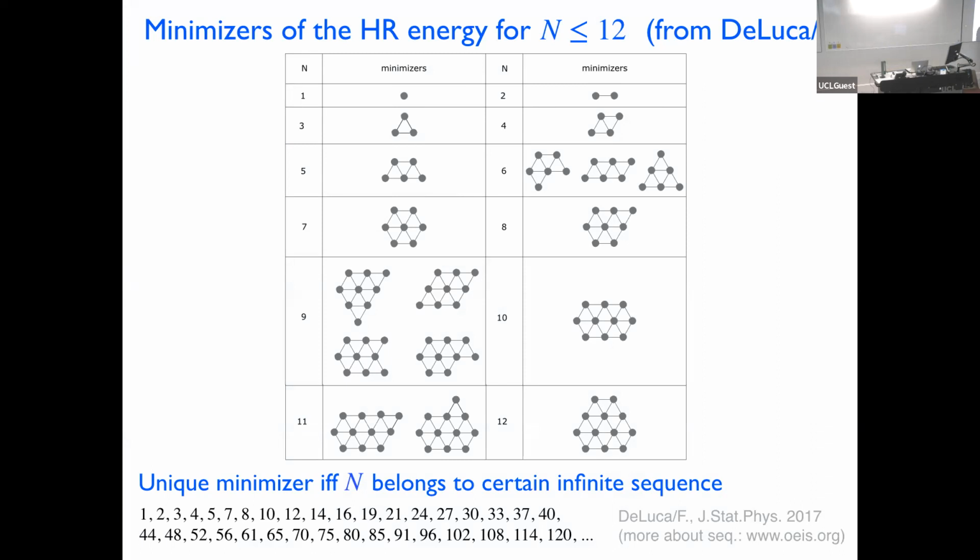For 8, it is unique. For 9, you get 4 minimizers, because when you add an extra one, you can do it in various places. Take this triangle and move it here, then you get this one. Okay, 12 is nice. It's a non-symmetric but unique shape. I like the 12. There's one shorter side.